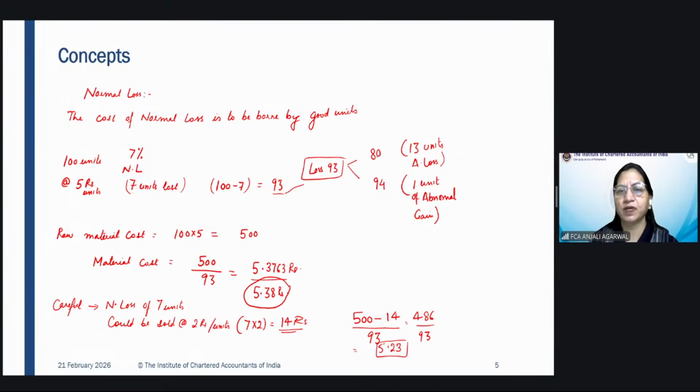Then if 80 is moving, which means 8 units become the abnormal loss, right? So you have to take into consideration what the expected output is, and if your units are more than that, there is an abnormal gain. If it is less than that, it is abnormal loss. And we assume that the entire output is transferred to the next process. We have not kept the finished units of that process somewhere in the warehouse, neither have we sold them directly to any outside organization or in the market.